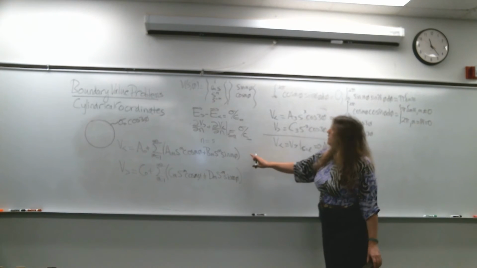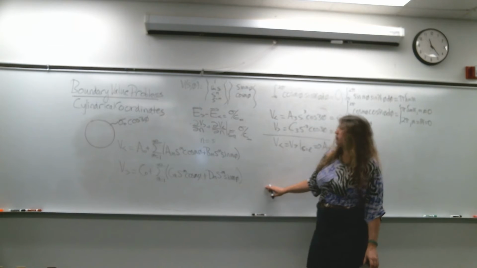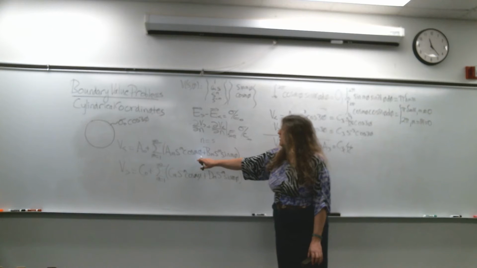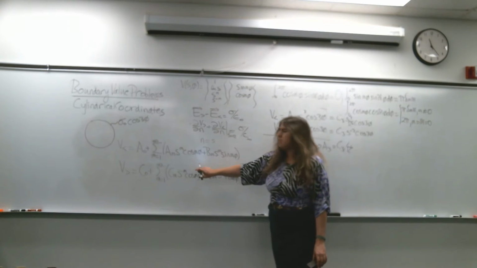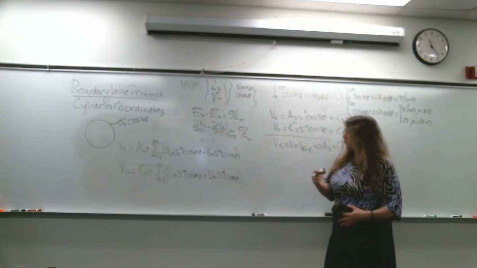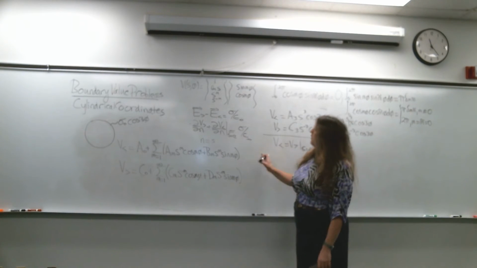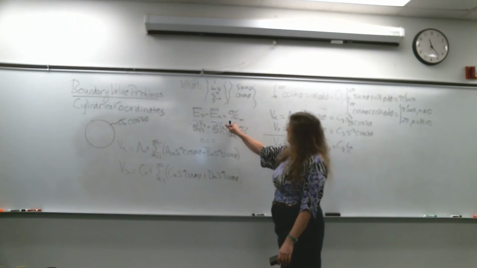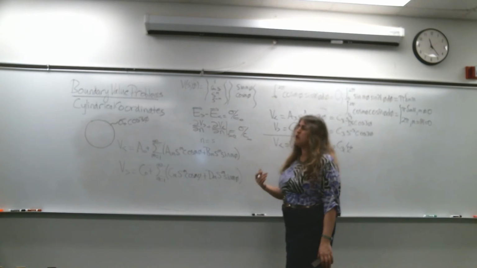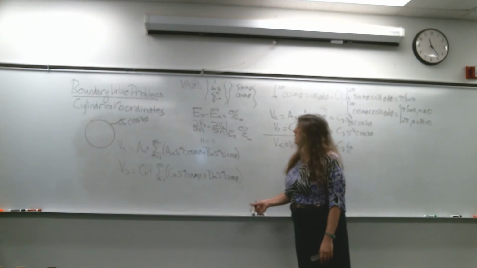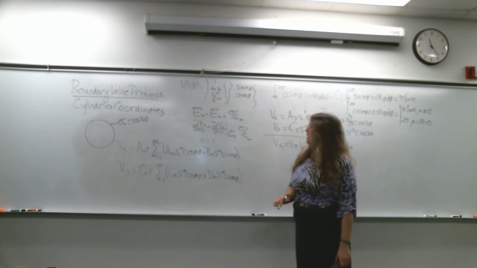Let me just go over this again. The solutions: interior region, exterior region. The only difference between these is this goes as powers of S to the n, and this goes as S to the minus n, because we want it to be convergent in the appropriate regions of space. We're going to apply the boundary condition that there's a discontinuity in the normal component of the electric field at the surface, and that discontinuity is equal to sigma over epsilon naught.